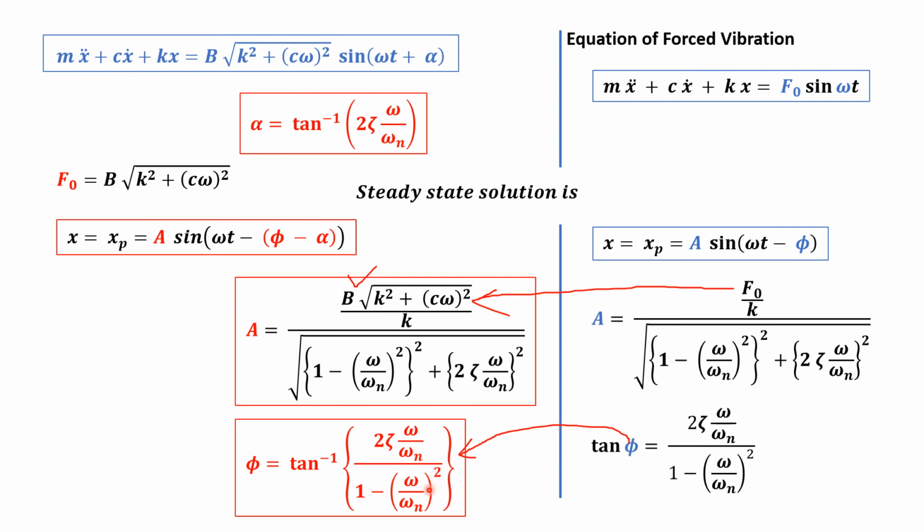And alpha is given by this relation, tan inverse of 2 zeta, damping ratio is known, frequency ratio is known. And this amplitude A is b times root of k square plus c omega square by k, in the denominator square root of 1 minus omega by omega n whole square plus 2 zeta omega by omega n, this term squared. Now we know the solution.